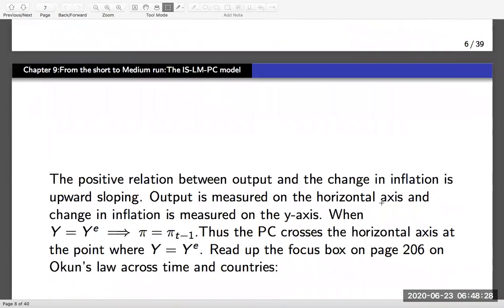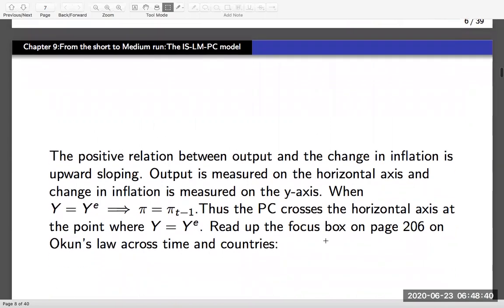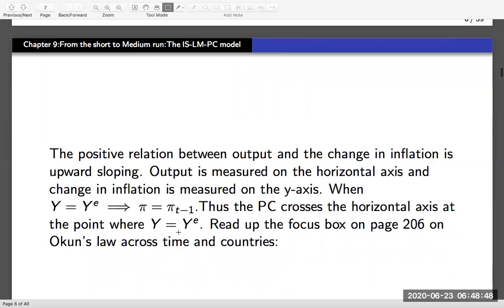Output is measured on the horizontal axis, and that is measured on the y-axis, right? So remember that at potential, when this is equal to this, pi is equal to that. The PC curve crosses the horizontal axis at the point where output is equal to potential output. This E we could actually replace with the N. It's nothing special.